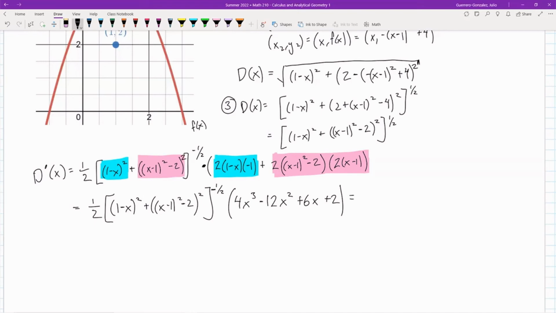So I'm going to rewrite this to make it look nice and neat. 4x cubed minus 12x squared plus 6x plus 2, all over, and I should put that times 1/2 up front, all over the square root of 1 minus x squared plus x minus 1 squared minus 2. 1/2 times that.